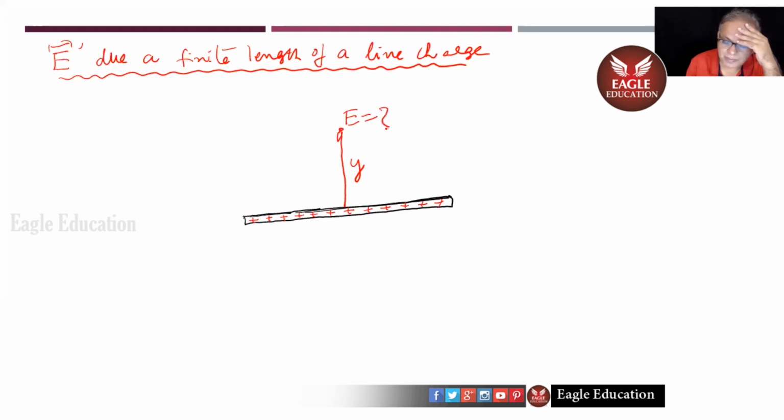You can think lambda is the charge density of this. What is this lambda here? Linear charge density, lambda per unit length, and suppose that lambda is uniform.